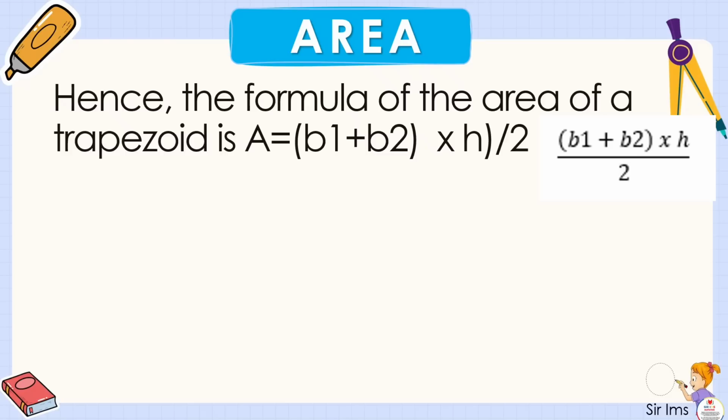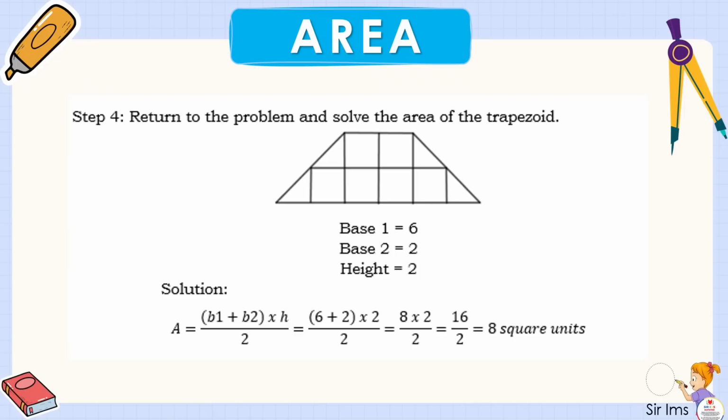Now let's compute. Return to the problem and solve the area of the trapezoid. So again, we have base 1 is 6, base 2 is 2, and the height is 2. I-substitute na natin from the formula to the given units, yung nakuha nating units for the trapezoid. So that would be 6 plus 2 multiplied by 2 divided by 2.